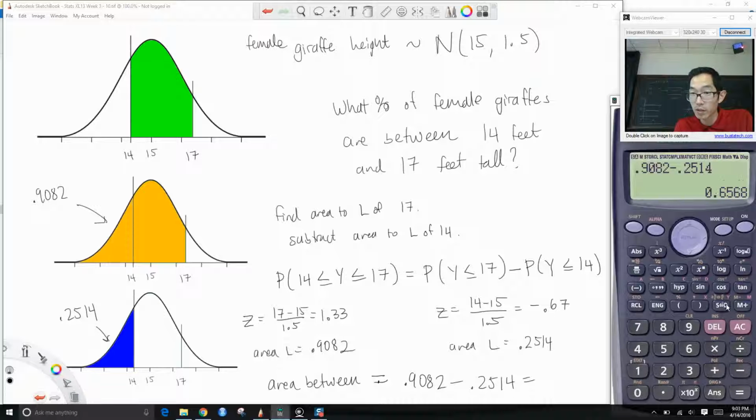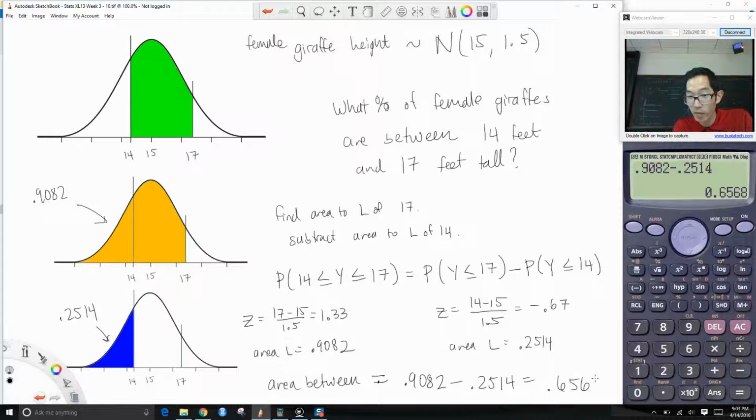And what is this? 0.6568. Okay, and that's what we will have here. So our answer is 65.68%, or something like that, something around there. So far, so good?